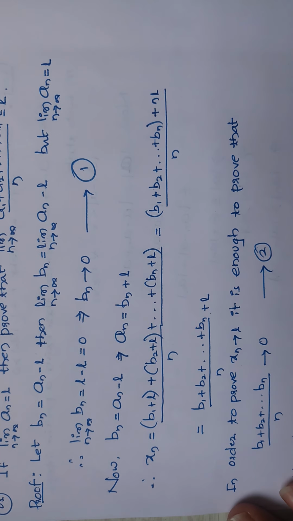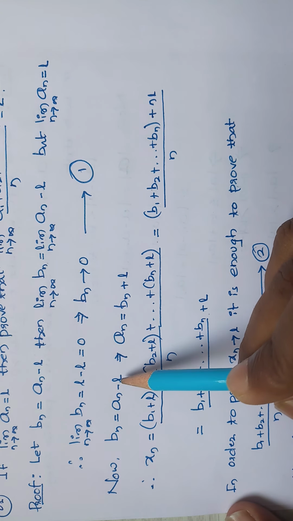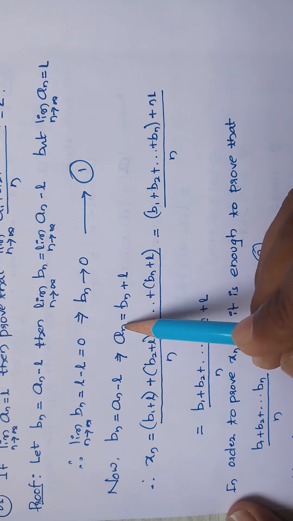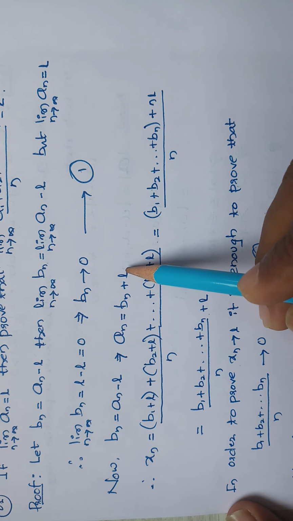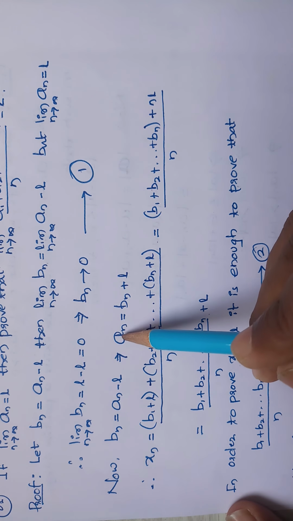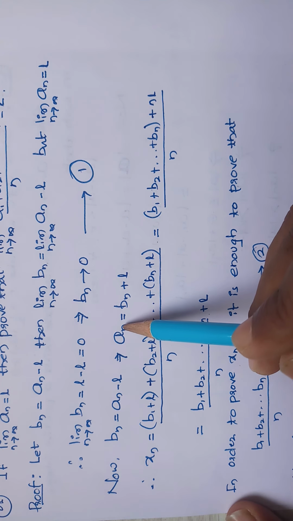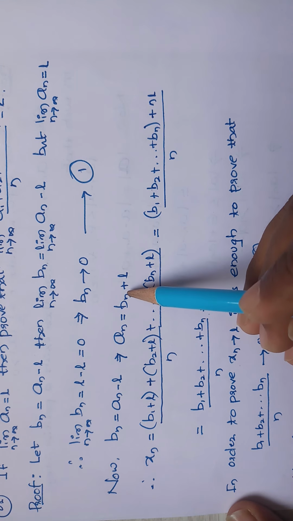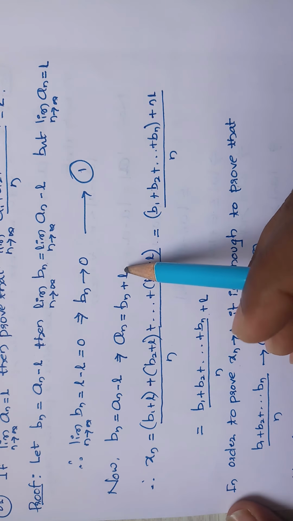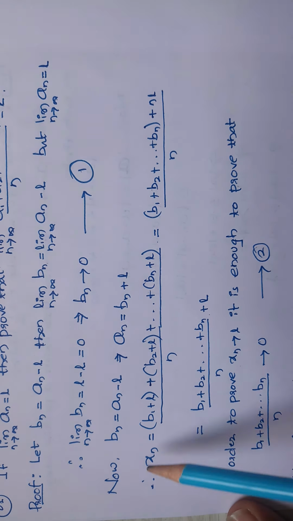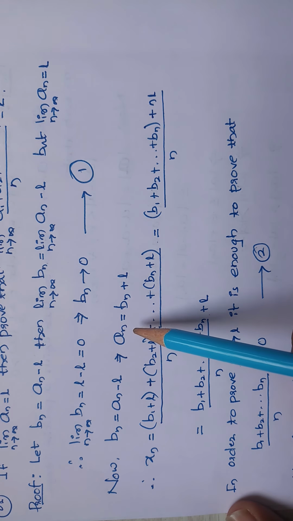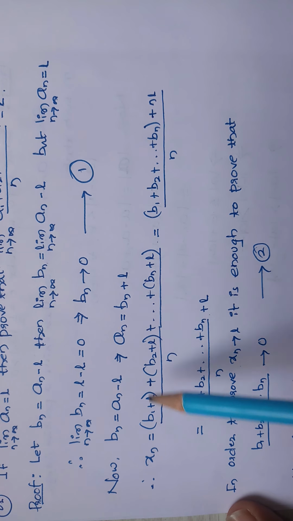So now your Bn is equal to modulus of an minus L. So this implies that after rearranging this term, you get an is equal to Bn plus L. So already you know that this can be expressed in the form of a1 plus a2 plus a3 plus so on an, and your Bn also can be written as b1 plus b2 plus b3 plus so on Bn, with L. So I am writing xn as a1 plus a2 plus a3 plus so on an divided by n.